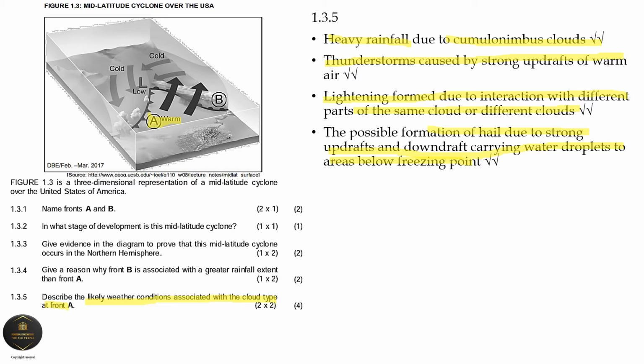Updrafts are basically the rapid rising of air, and this may lead water vapor to move from a gaseous state straight to a solid state, so sublimation will happen, and we are going to have hail forming as a result. So those are the possible reasons you may give for that question. I hope we are fine with this section.